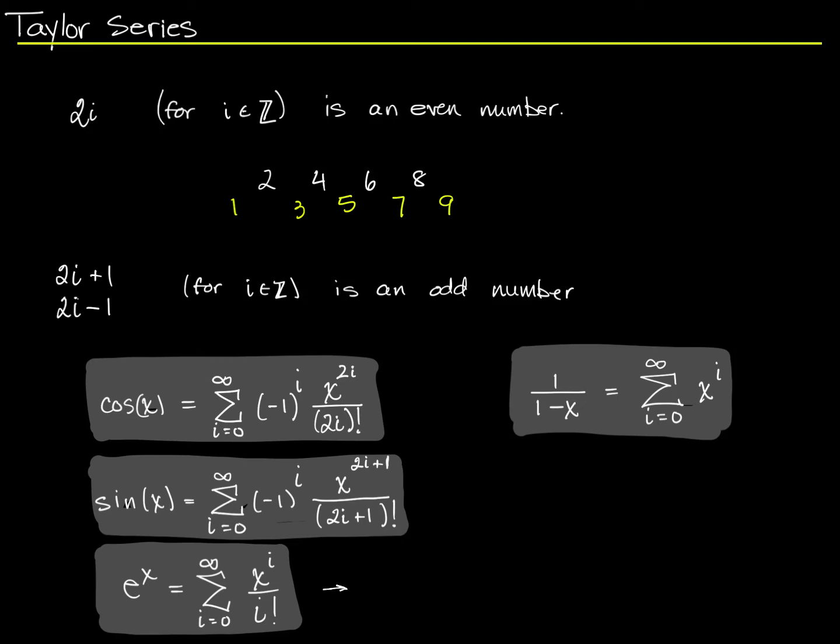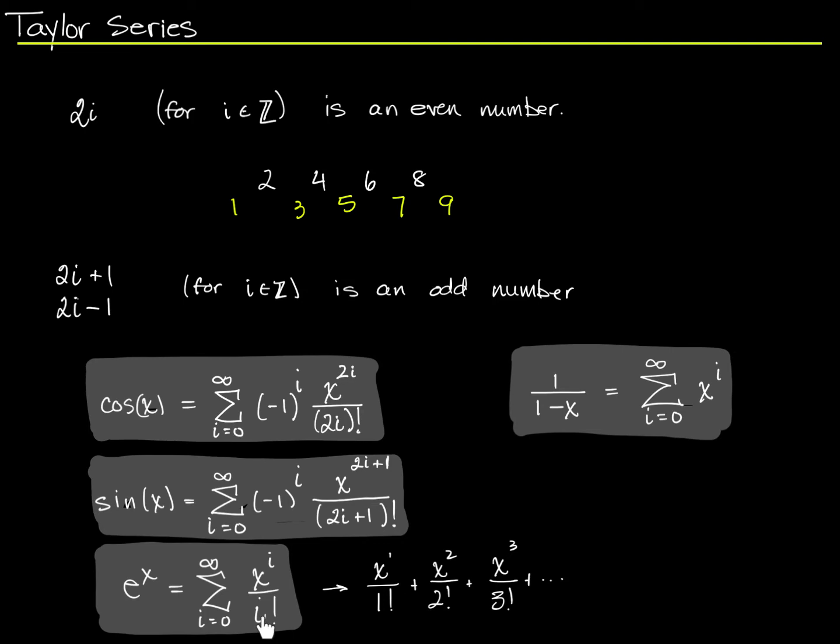The terms here look like this: x to the 1 over 1 factorial plus x to the 2 over 2 factorial plus x to the 3 over 3 factorial plus, and so on. And we're going to do this, theoretically, an infinite number of times. We're going to have an infinite number of terms here.